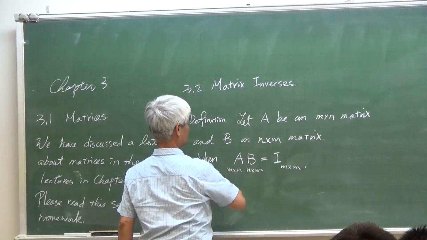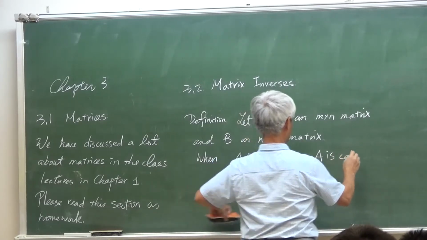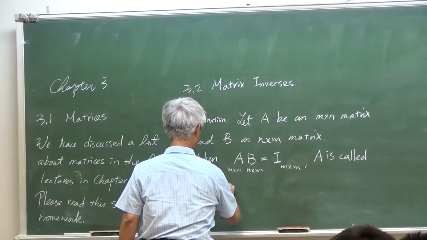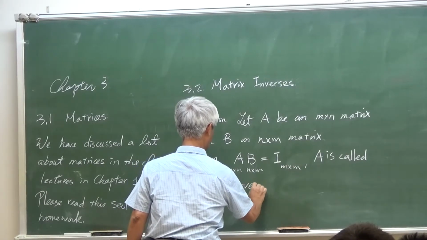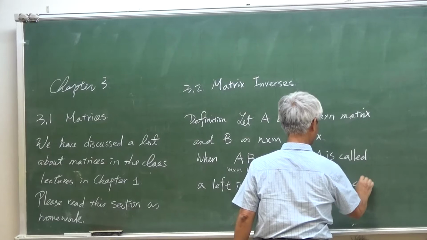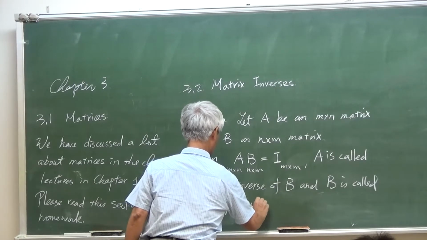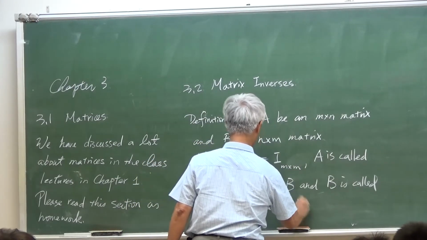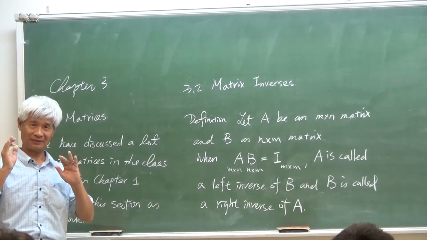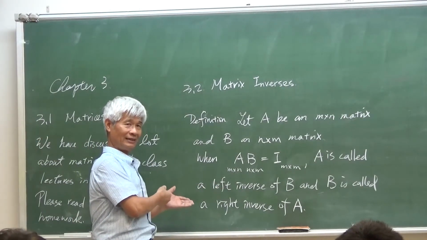So when this is true, A is called a left inverse of B, and B is called a right inverse of A. Okay, so rectangular matrices may have inverses, but I'm talking about the left inverse, right inverse.